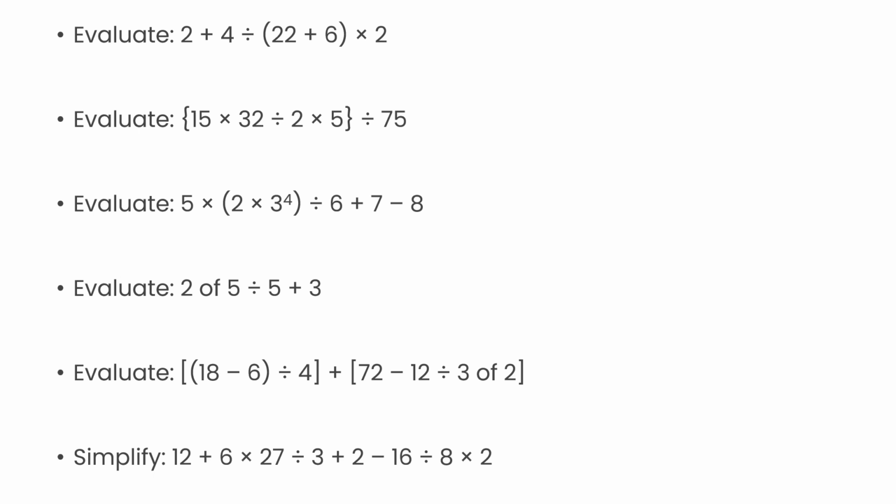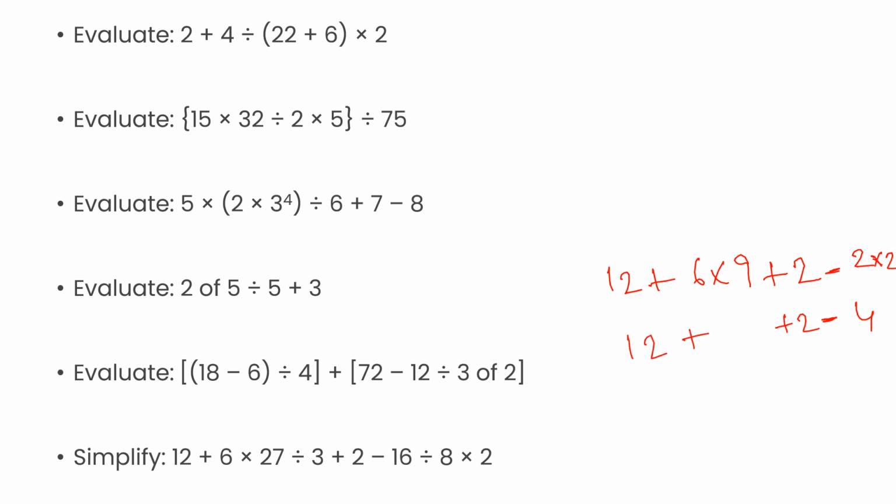So step by step we can do it now. 12 plus 6 into 9, plus 2 minus 16 by 8. The 2 into 2: first 2 into 2, 4. We take it first because it's the into symbol, multiplication.